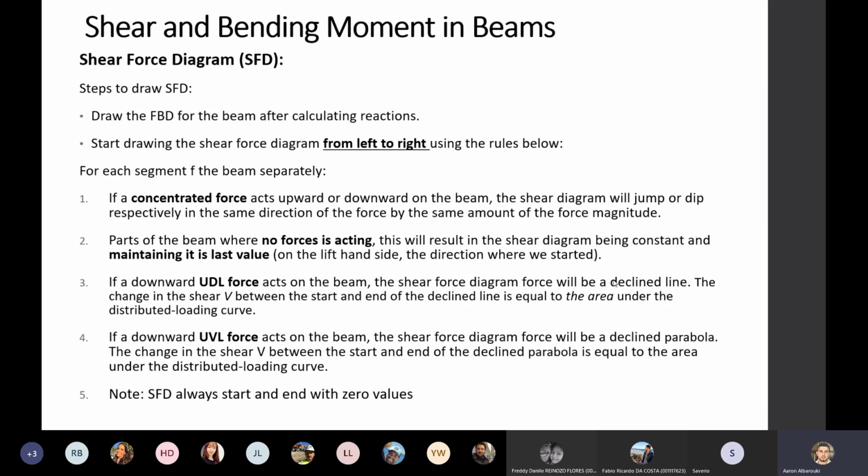So it won't be a straight line like what we had before, or just a jump or dip. It will be a declined line for the entire length of the uniformly distributed load. The change in the shear value, V, between the start and the end of that declined line is equal to the area under the distributed loading curve. This is a bit too much info, so we'll put it to sleep for now and look at it in detail down the track.